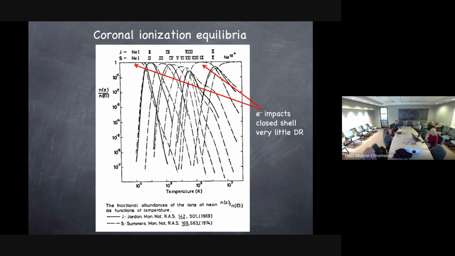And all you need to know is that apparently the corona, and this gets back to Tom's question very early on, there is enough averaging or something that the concept of a temperature is meaningful in determining the state of these atoms, namely the assumption that the electron distribution function is compatible with a thermal distribution function.